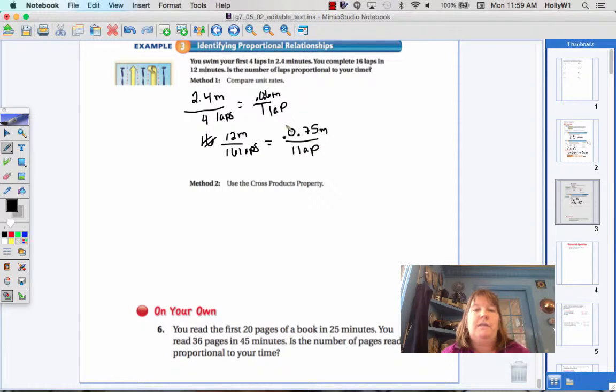And no, they're not the same. The unit rates are not the same for those two, so no, it is not a proportional relationship. However, there's a third way you can do this, and that's called using the cross property.